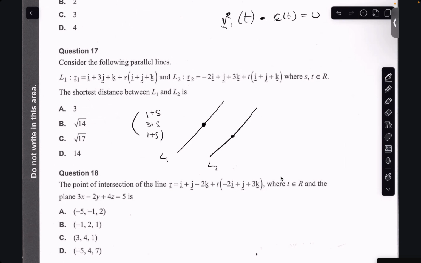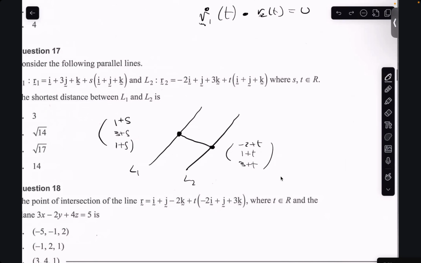And any point on this is negative 2 plus t, then 1 plus t, and then 3 plus t. Okay, so we want this minus this to be perpendicular to that, and then find the magnitude of that.